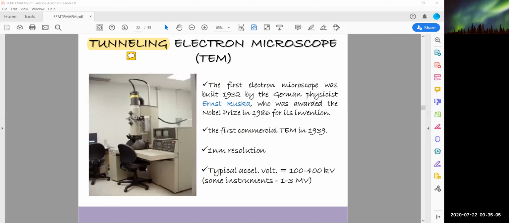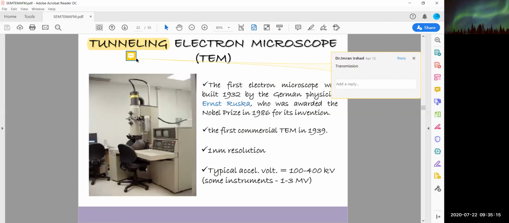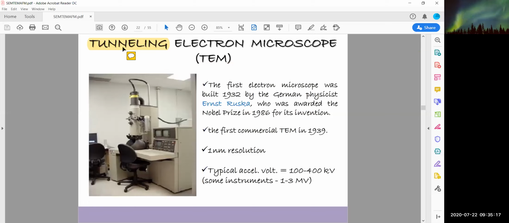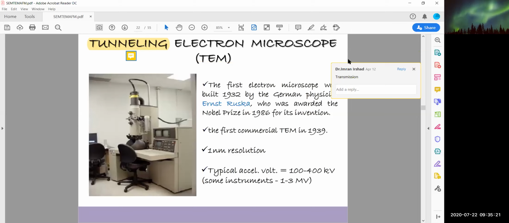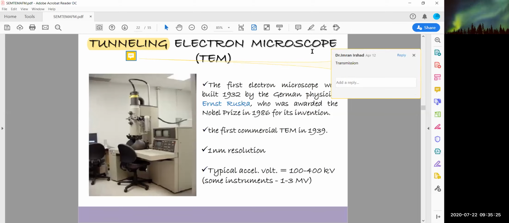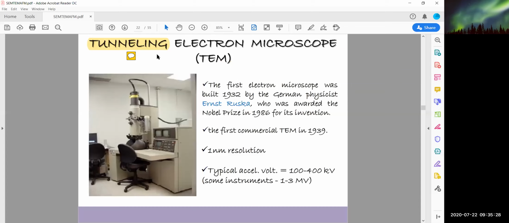It's not tunneling. You click on this message and you will see transmission. So it's been written clearly that it's transmission electron microscopy, not tunneling.